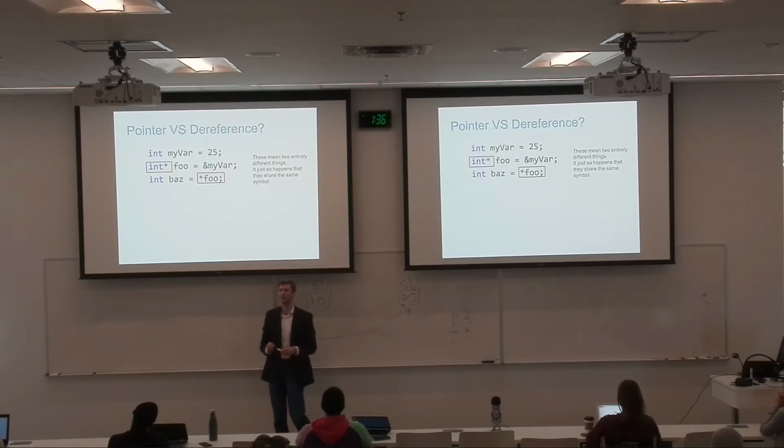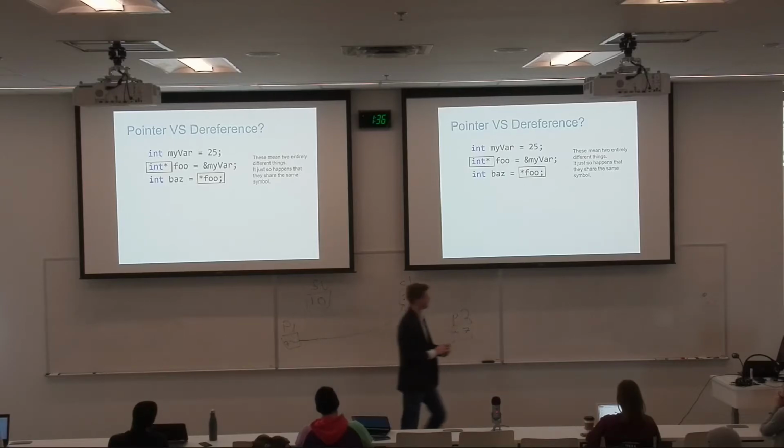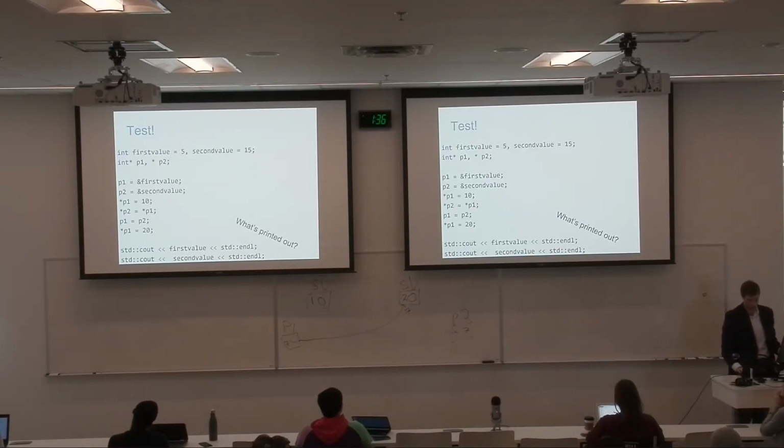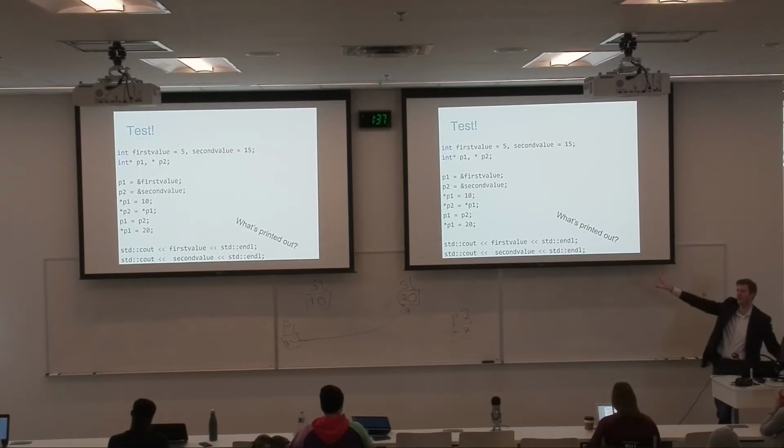Yes? On the last slide, there was a star and then a space and then a P2. There's already a star on the P. So that does mean int star again. It's the shorthand. I actually typically don't like declaring variables that way, because the star is a modification in the declaration.